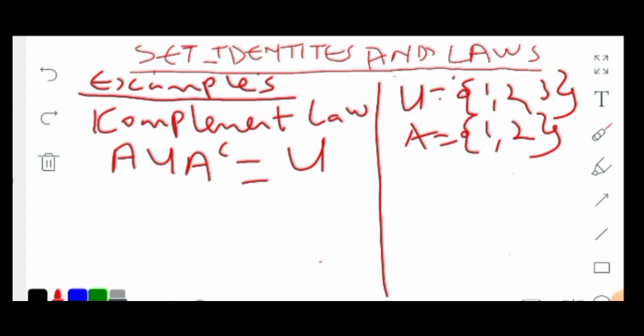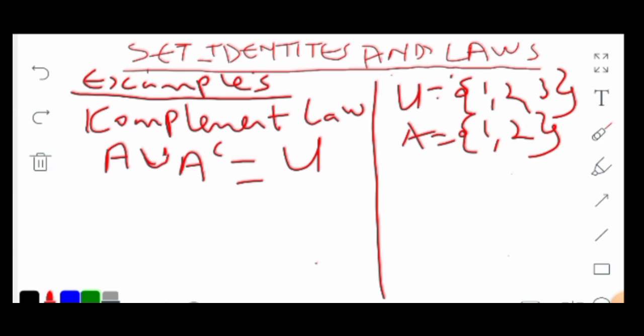So our A union A complement. Let's find our A. These are our A, 1 and 2. So if we join it together with A complement, let's find A complement now. What does A complement mean? Those elements that are in the universal set but not in A. That's A complement. What element is in the universal set that is not in A? That's 3 alone.